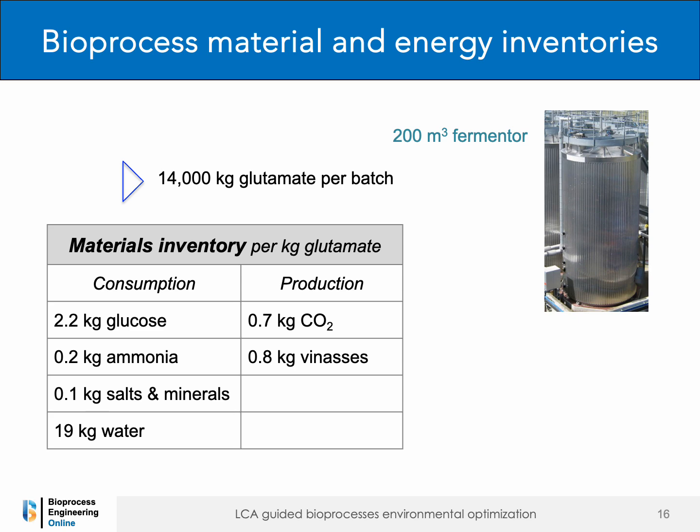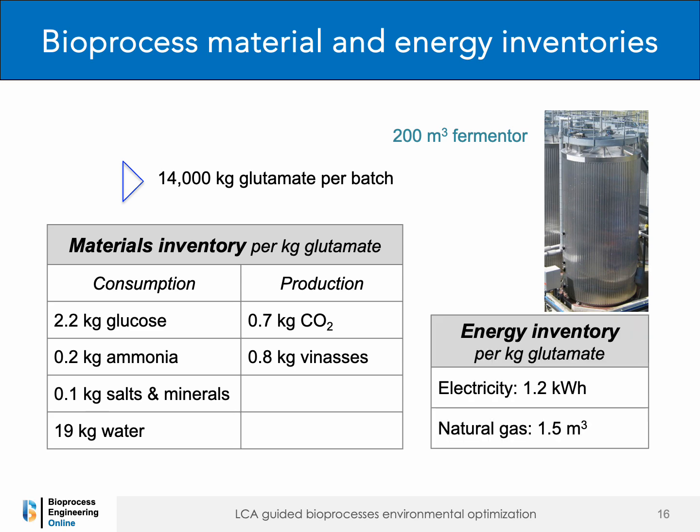At the same time, 0.7 kilograms of CO2 and 0.8 kilograms of vinasses are generated. In terms of equipment operation, the process consumes 1.2 kilowatt-hours of electricity and 1.5 cubic meters of gas per kilogram of glutamate produced.